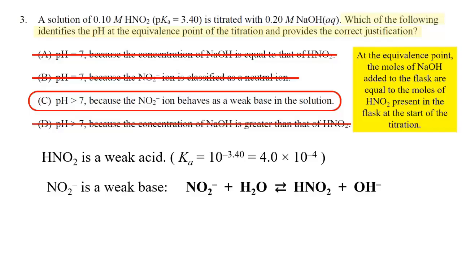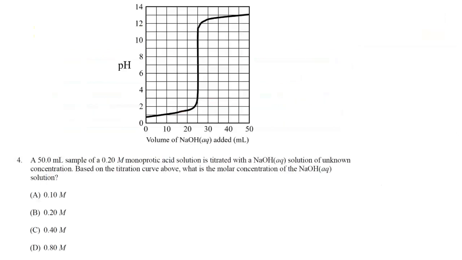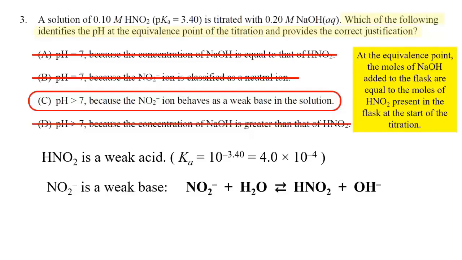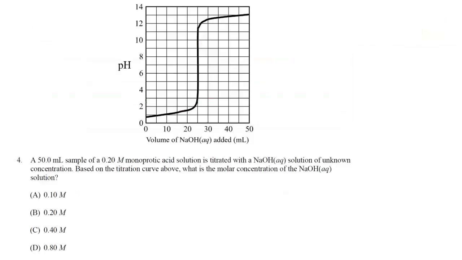Now, as you make the transition from question 3 to question 4, you will notice some similarities and differences among these two questions. So both question 3 and question 4 involve an acid-base titration.